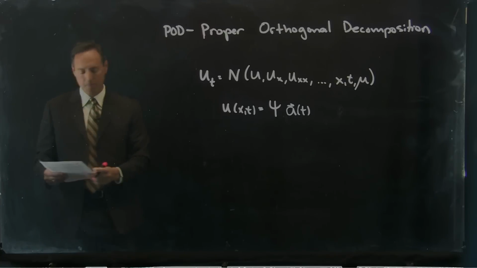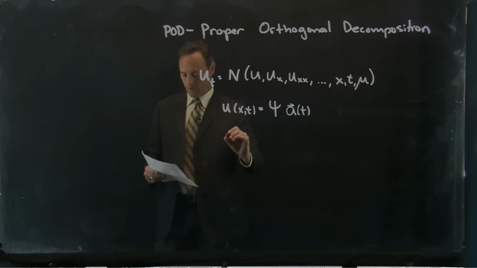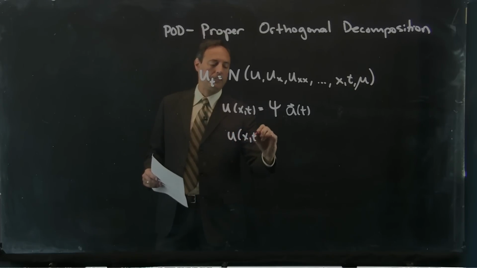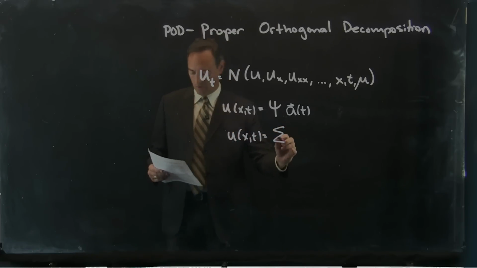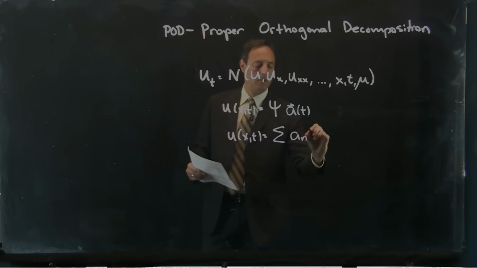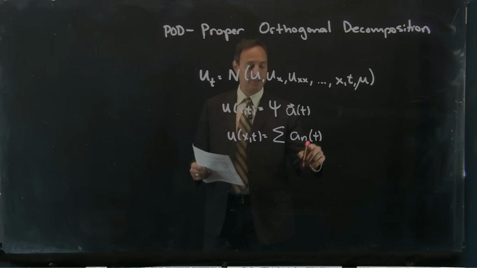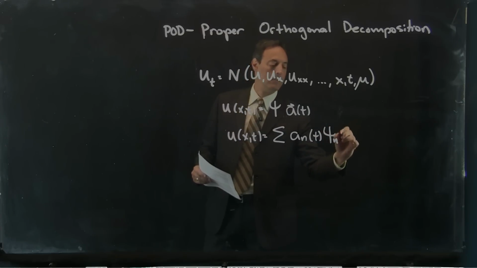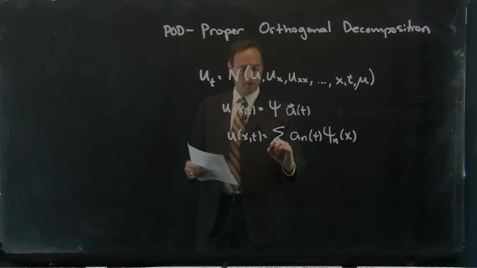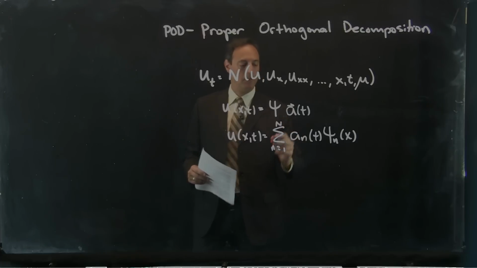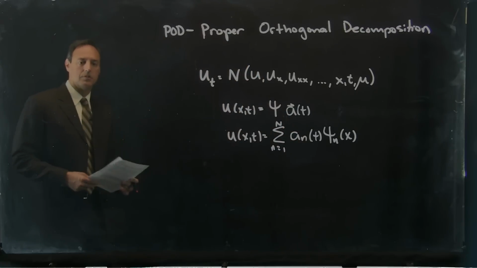Because another way to represent this, in the vector form, is u of x and t will be the sum of some coefficients a of n times those basis functions psi of n.